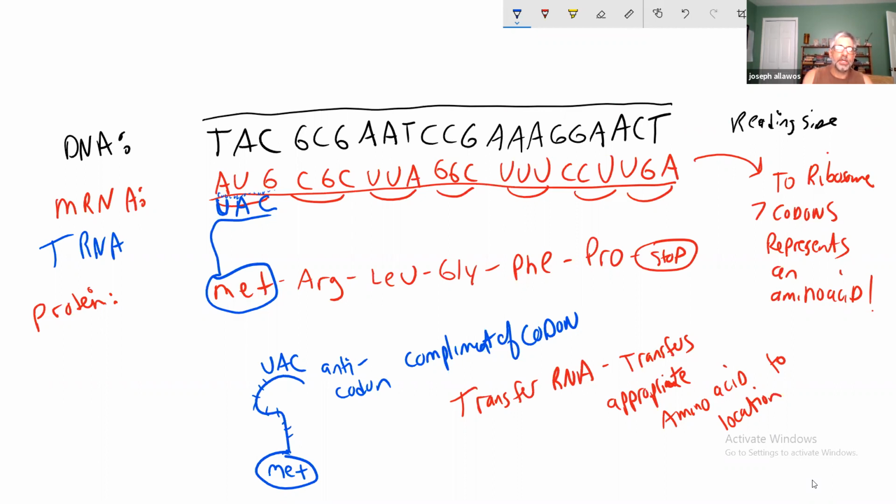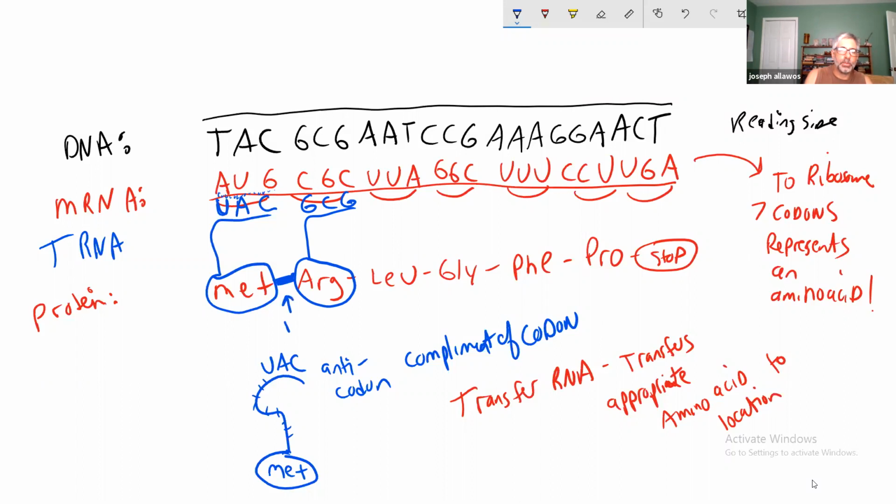And there it sits. And then the ribosome goes and reads the next codon, and the anticodon here would be GCG, right? And that particular anticodon transfer RNA is carrying arginine. And now this is very important and very cool. At this point, we have two amino acids beside each other, and this is where a chemical bond forms right here.